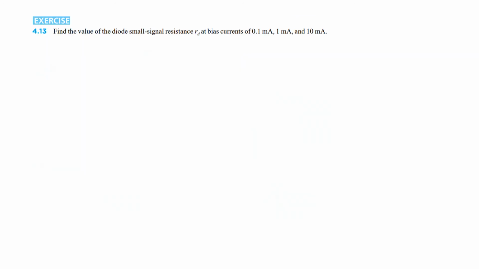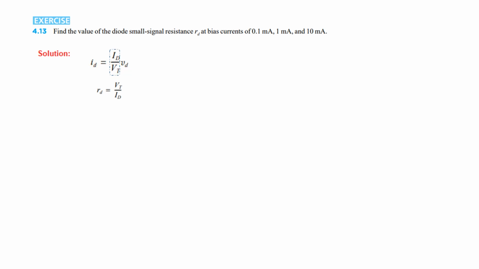Okay, and now we'll do a little example. Find the value of the diode small signal resistance Rd at bias currents of 0.1 milliampere, 1 milliampere and 10 milliampere. So these are the operating point currents or the bias currents. Very simple, we just use this formula.